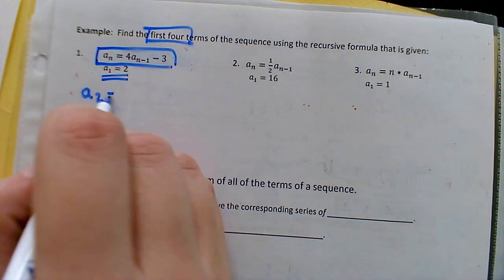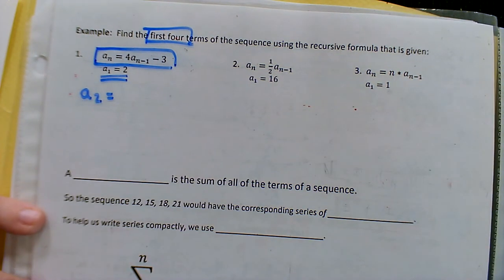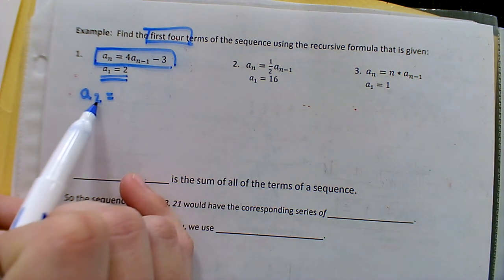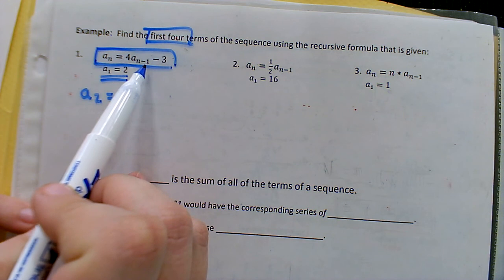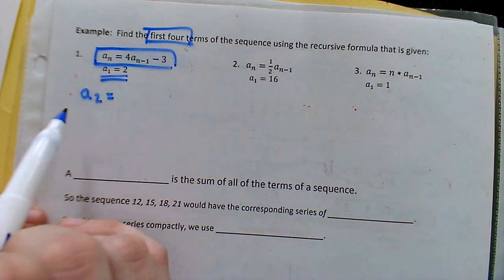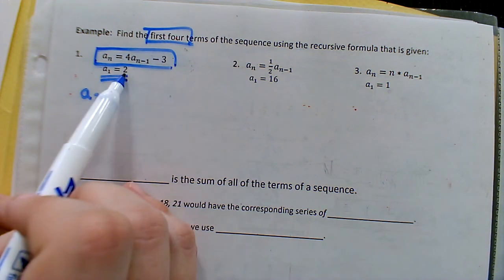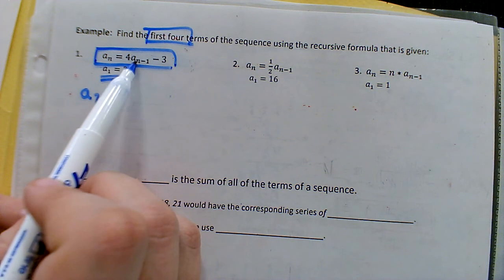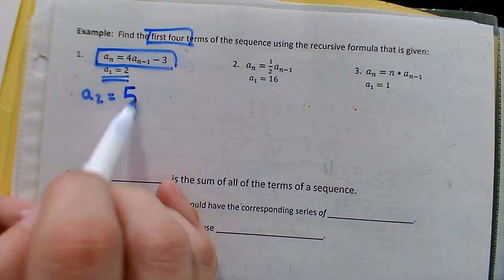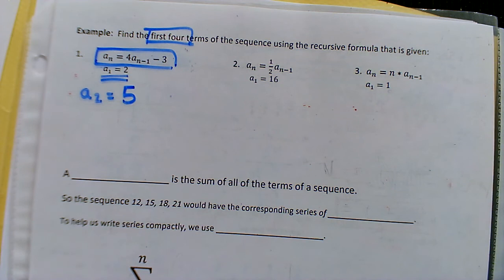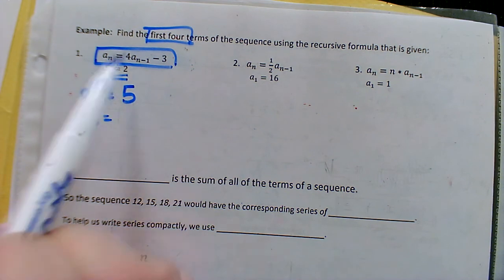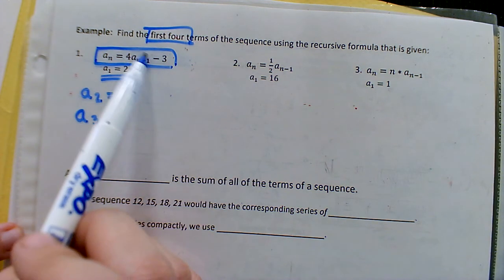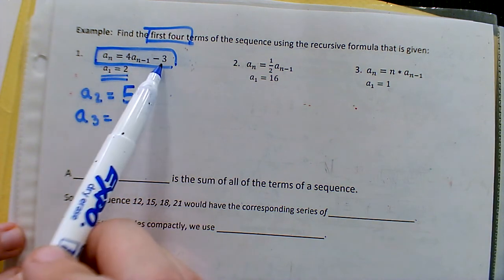So let's go ahead and try to list a sub 2. To figure out a sub 2, we have to do 4 times a sub 1 minus 3. And notice how a sub 1 was 2. So 4 times 2 is 8, minus 3 would give us 5. In order to figure out the third term, you have to do 4 times the second term minus 3.